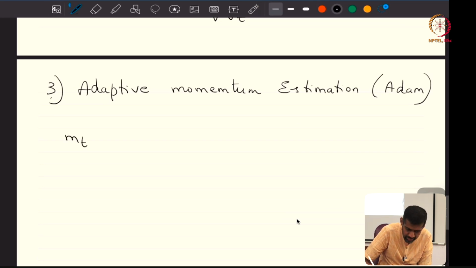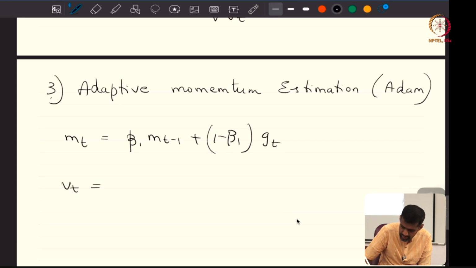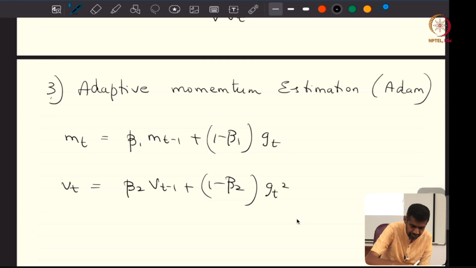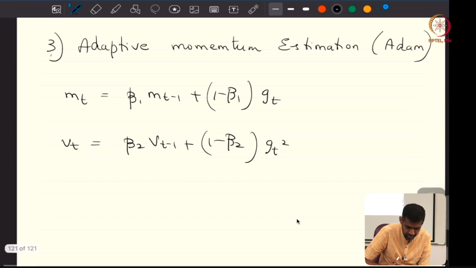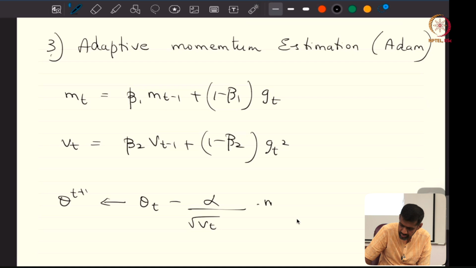So compute momentum as beta 1 times m t minus 1 plus 1 minus beta 1 times g t, and v t as beta 2 times v t minus 1 plus 1 minus beta 2 times g t squared, and the final estimate theta t plus 1 is theta t minus alpha divided by root of v t times the momentum.